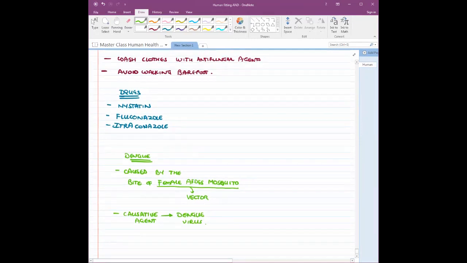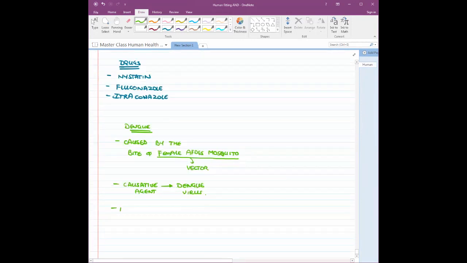Now what happens in this? When you have dengue, guys, the blood platelet count immediately drops down to around 20 to 25,000 per millimeter cube. Generally, the normal platelet count is in the range of 2 to 5 lakh per millimeter cube.